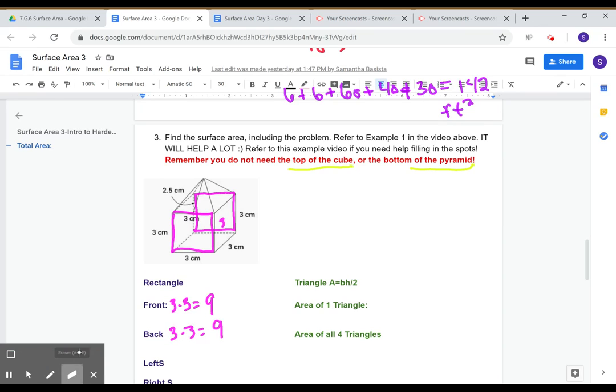For the left side, I'm going to erase what we have so we can clearly see it. The left side is 3 by, I know if this is 3, I know this is 3. So again, it's 3 by 3, which is 9.